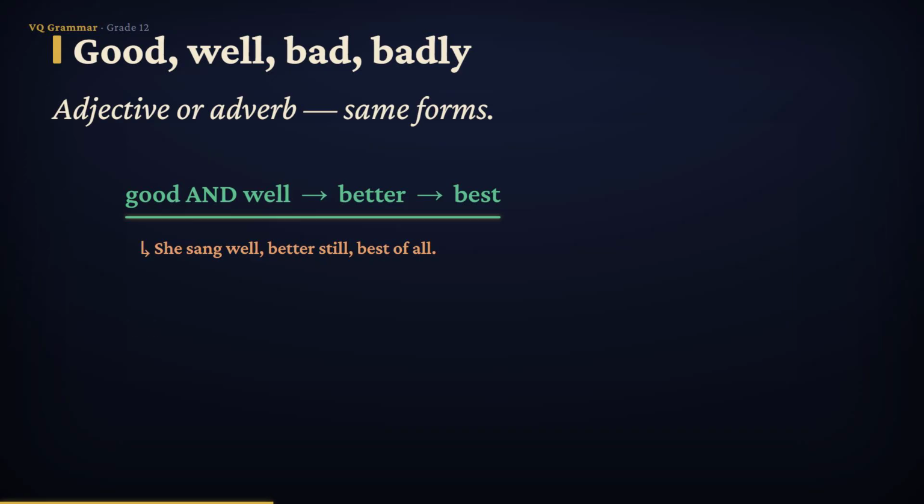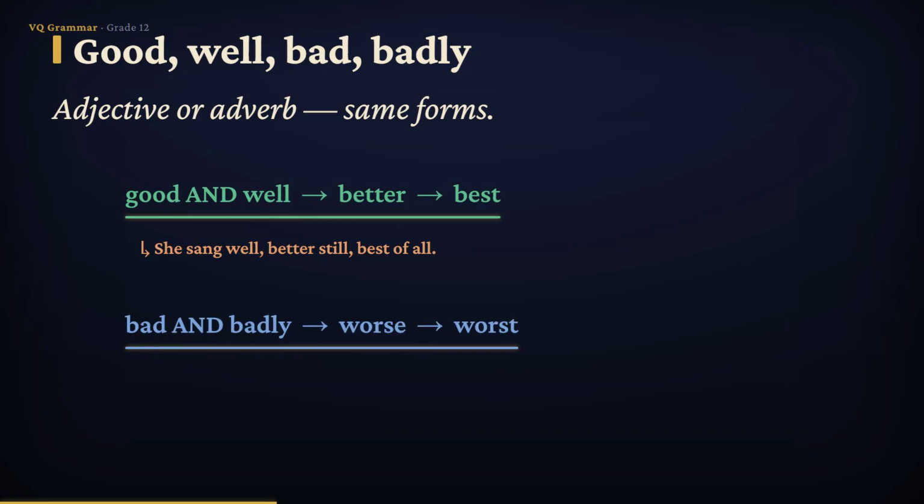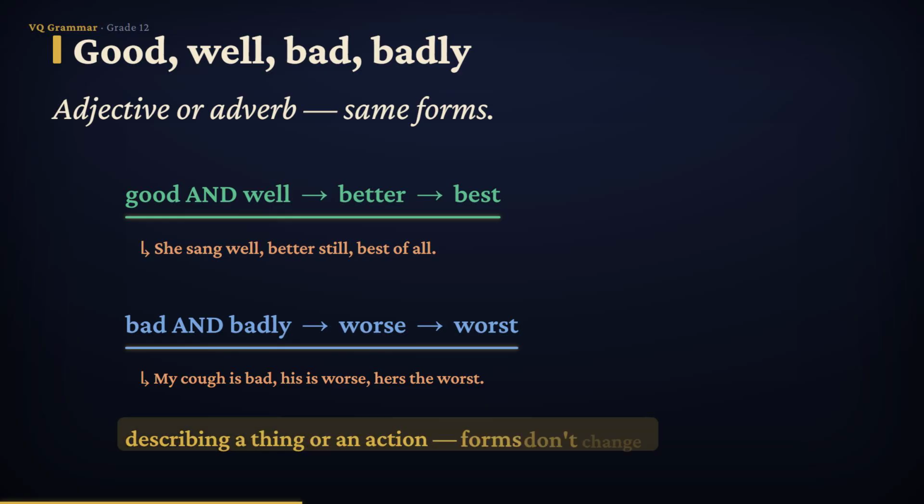In the same way, bad and badly both climb to worse and worst. My cough is bad, his is worse, and hers is the worst in the whole office. So whether you're describing a thing with an adjective or an action with an adverb, the irregular forms don't change. That's one less thing to worry about.